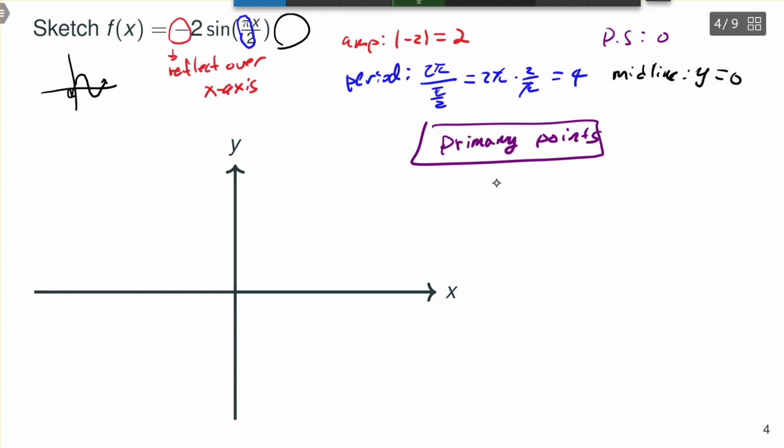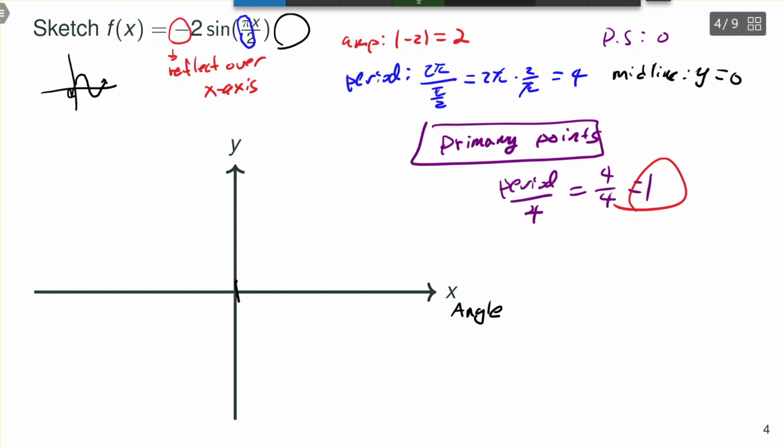Primary points for sine and cosine are always the period divided by 4. The period for this function is 4, so we do 4 over 4, which is 1. What does this 1 tell us? This is the increment we're going to make on the x-axis. And remember, for sine, cosine, tangent, when we're graphing this, the x represents the angle in radians.